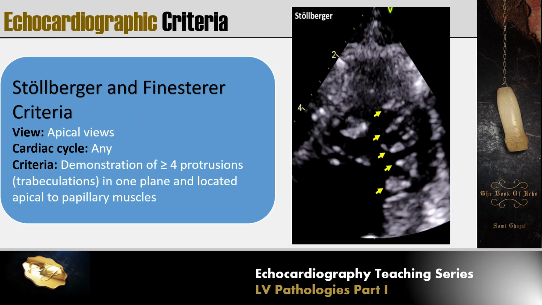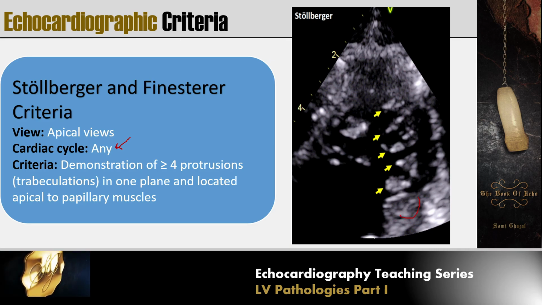Now, Stollberger criteria is apical views. So we utilize any apical view, any part of the cardiac cycle, and what we need to demonstrate is 4 protrusions or trabeculations distal to the papillary muscle.